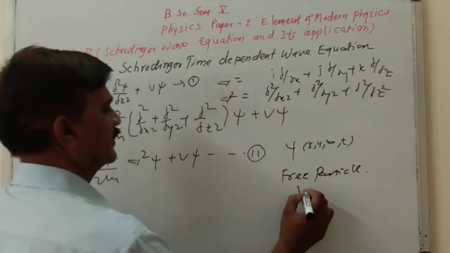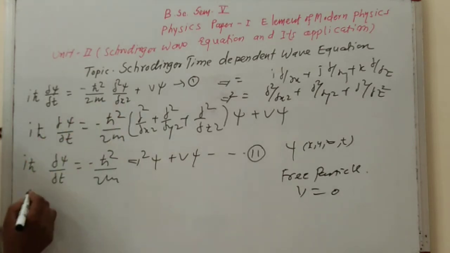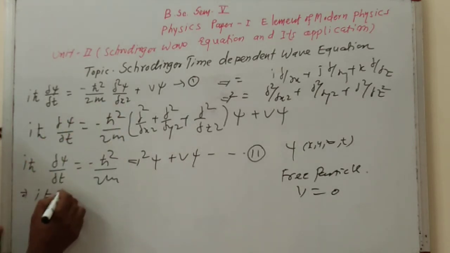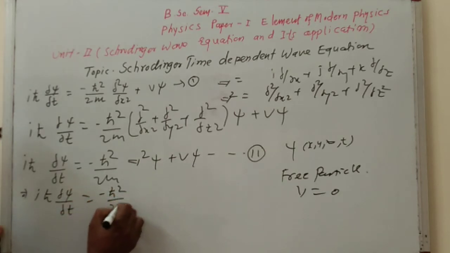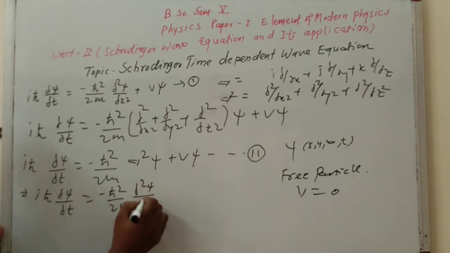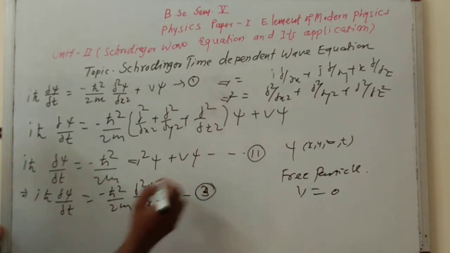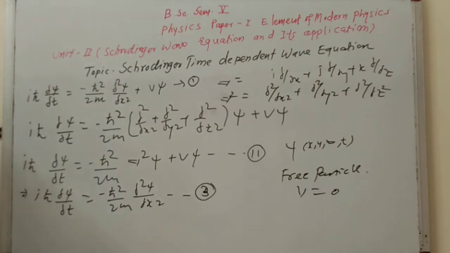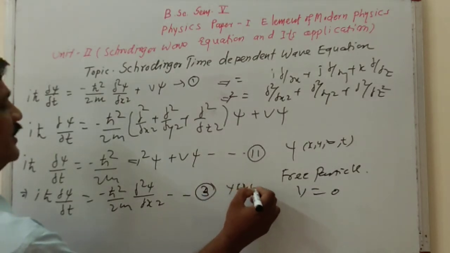In this case the potential energy is 0. When we put the potential energy as 0, equation 1 is written as iħ ∂ψ/∂t equals minus ħ² over 2m ∂²ψ/∂x², and this is the equation for one dimension, where ψ is a function of x and t.